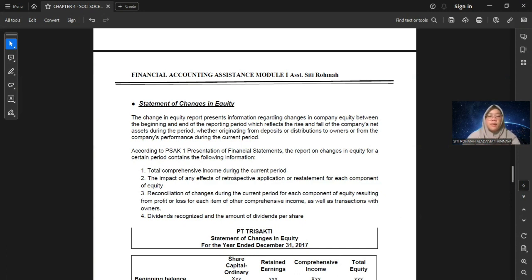Total comprehensive income during the current period, and then the impact of any effects of retrospective application or restatement for each component of equity, and then reconciliation of change during the current period for each component of equity resulting from profit or loss, each item of other comprehensive income, as well as transactions with owners, and then dividends recognized and the amount of dividends per share.